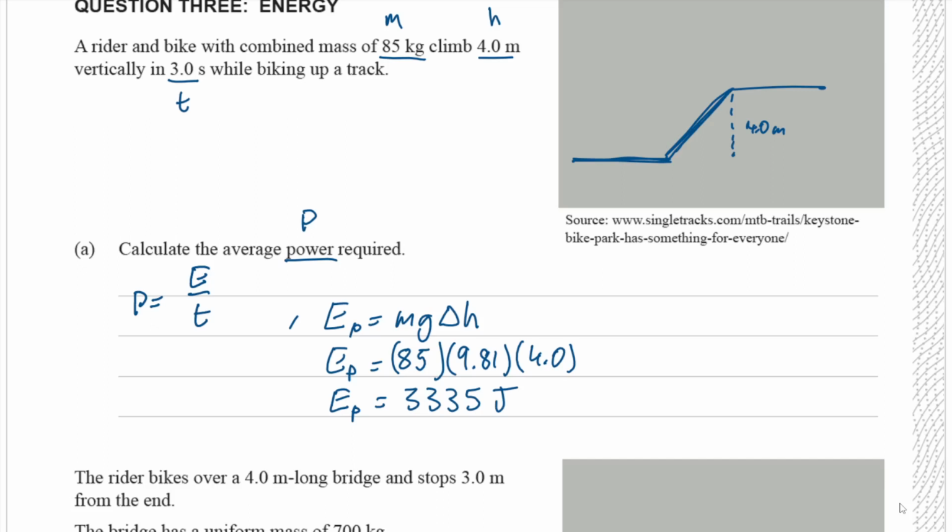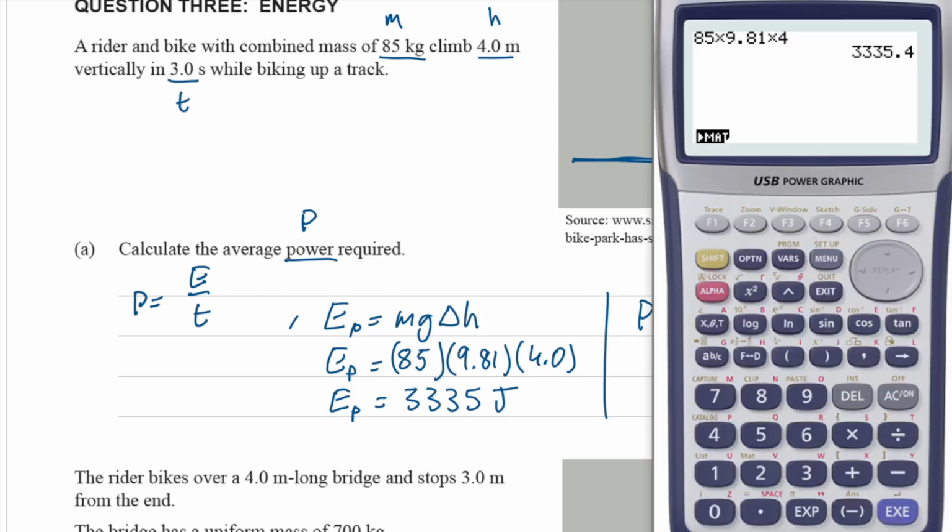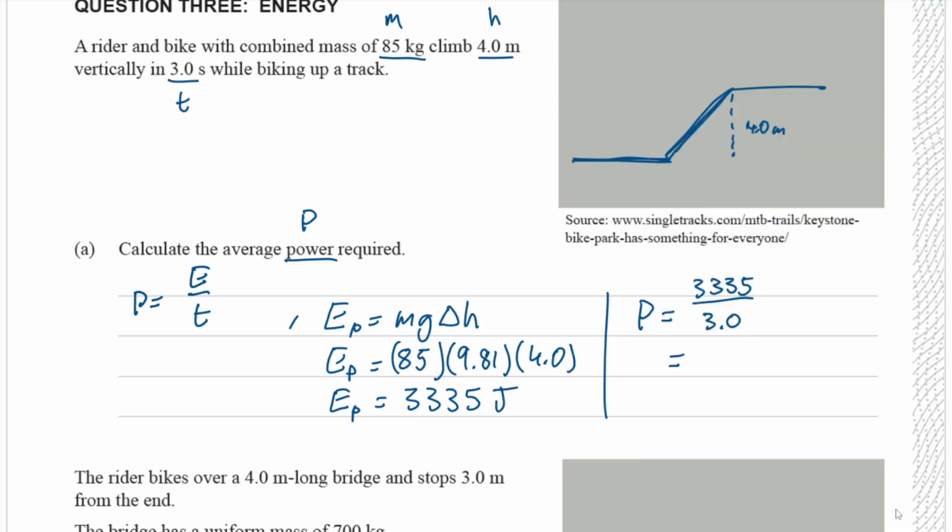Now we can substitute that into our power equation. So power would equal that energy over time, 3.0 seconds. So we can hit divide by 3 to give 1,111.8.